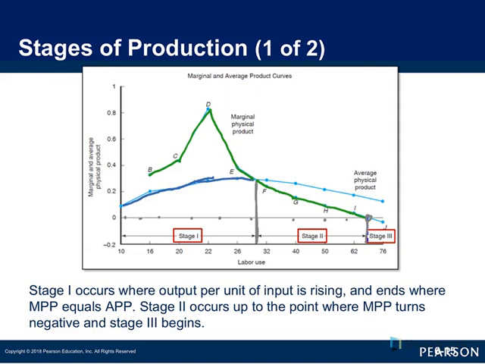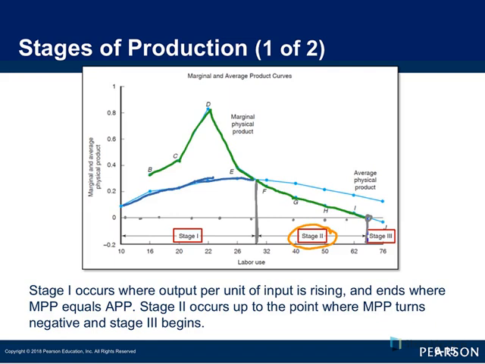So that leads us to consider, where is the sweet spot? Where is the ideal spot? Well, we know somewhere in stage 2 is the best place for us to be producing. Is it on the left side of stage 2? Is it on the right side of stage 2? It's hard to determine at this juncture, but we just know it's going to be in stage 2.